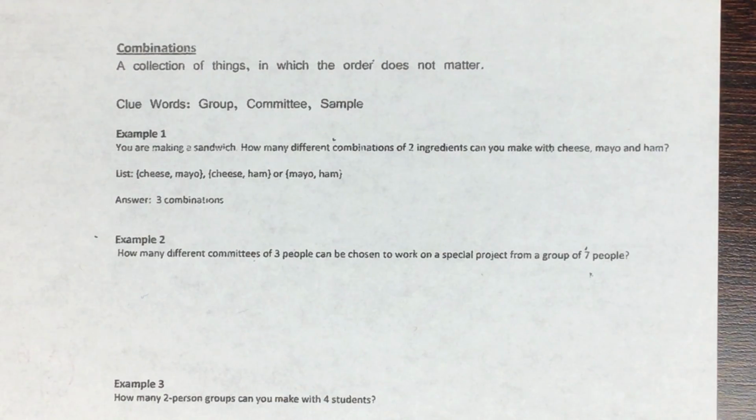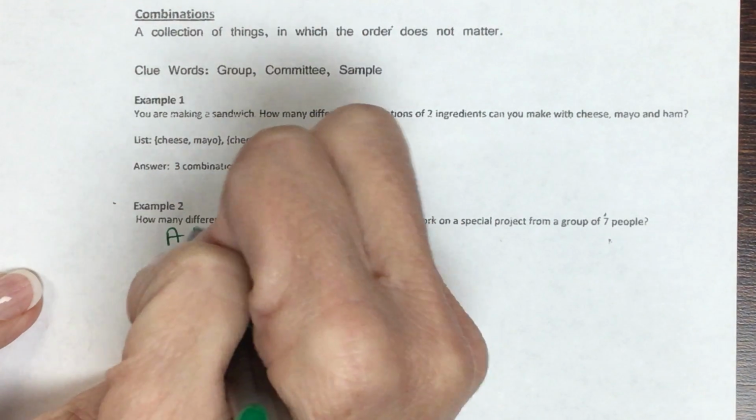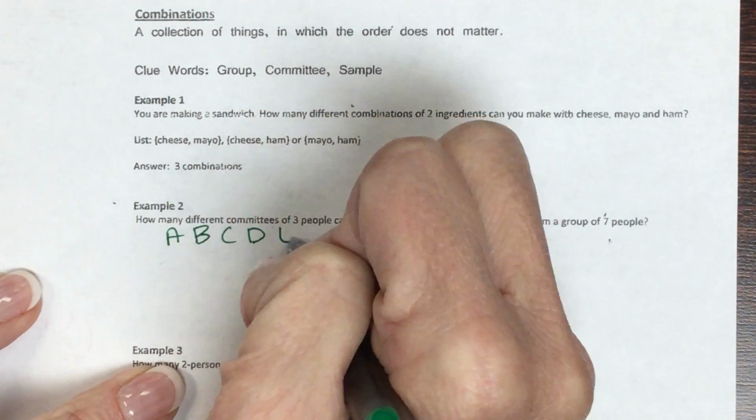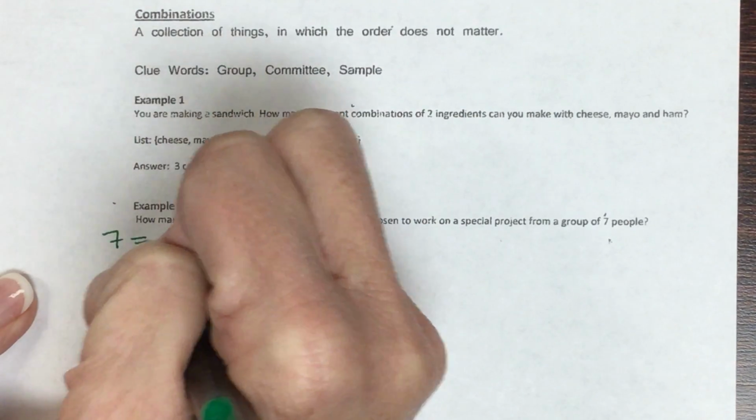So let's go ahead and use letters to represent people. All right, A, B, C, D, E, F, G. That's 7. So that's 7 people.